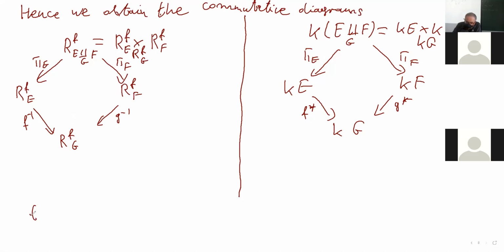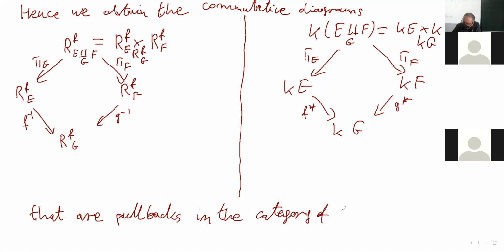But these are pullbacks in the category of sets. So now we have to argue that they are respectively pullbacks in the category of semi-rings and algebras.